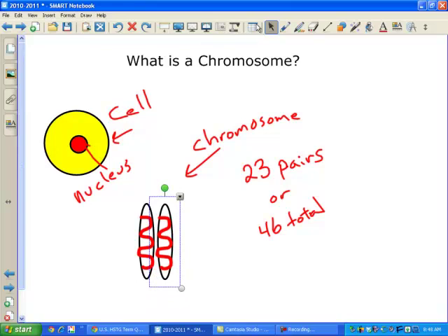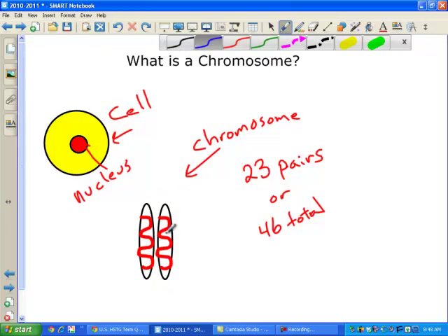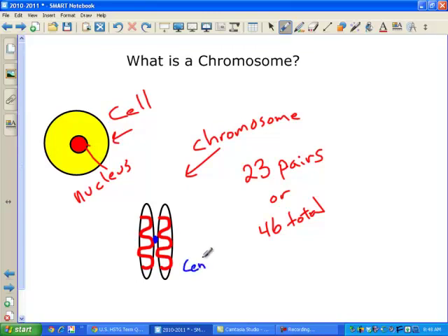And chromosomes then tend to end up looking a little bit different from this single rod. They end up looking something like this, and they have a little piece in the middle called a centromere. And this is still a chromosome.